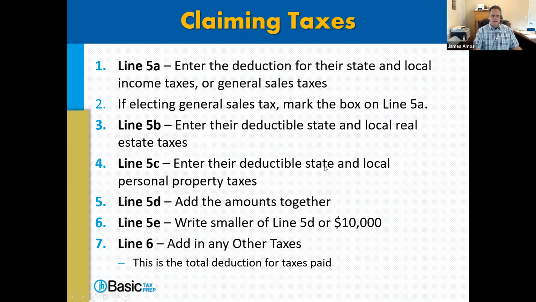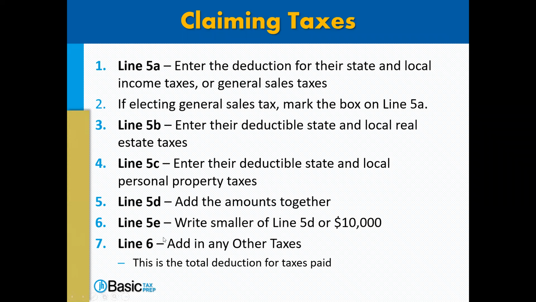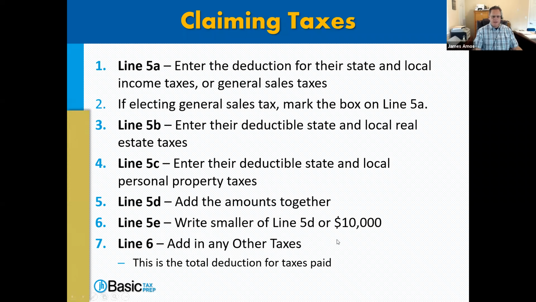Line 5C, personal property taxes, if any. 5D, add the amounts together. 5E, you limit 5D to $10,000, so whichever is smaller, the amount on 5D or $10,000. And if you're MFS, what's the amount you limit it to? 5,000. Yep. And then line 6 is the actual amount of taxes that you're allowed to take.